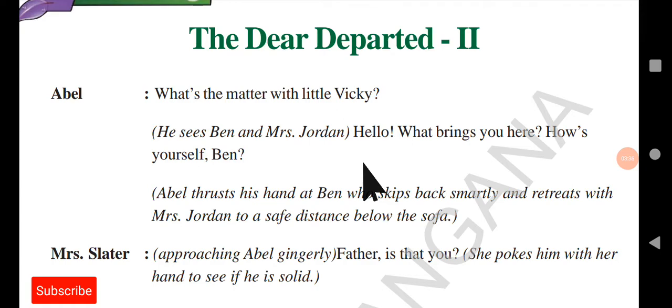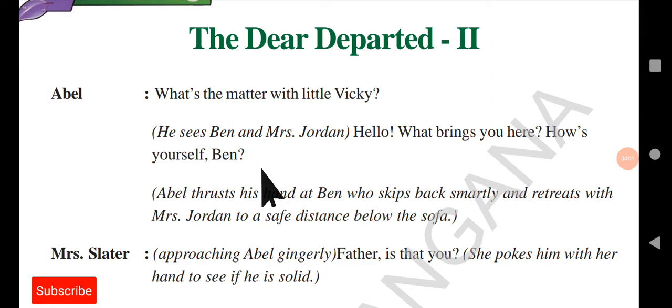Now he comes down and he says, "What's the matter with little Vicky?" Vicky here means Victoria. He sees Ben and Mrs. Jordan. "Hello, what brings you here? How are you, Ben?" This little girl, Victoria, actually runs from upstairs and comes down to the place where her parents, uncle and aunt are.